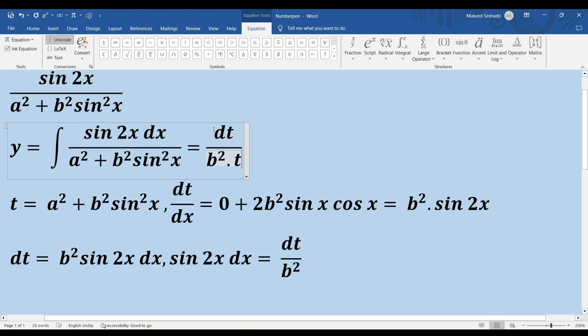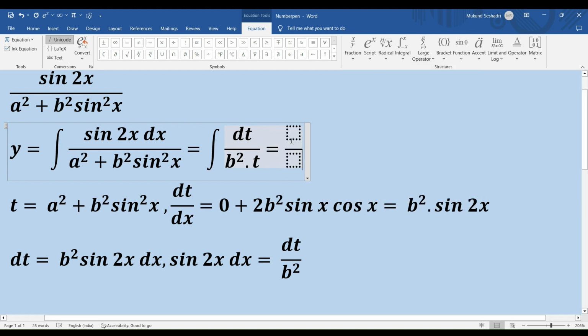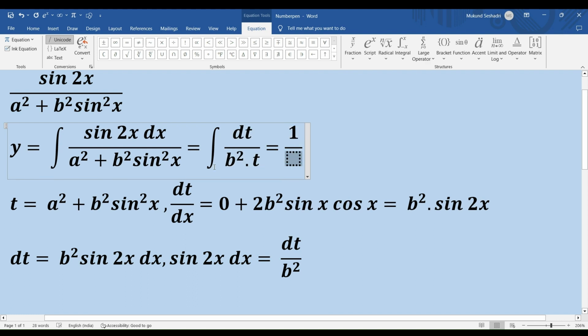Because that's the original substitution that I've made, right? So I have the integral of dt by b square times t. My b square is a constant. I can pull that out. So I can rewrite my expression as 1 by b square times the integral of dt by t, which is nothing but ln mod of t, right?